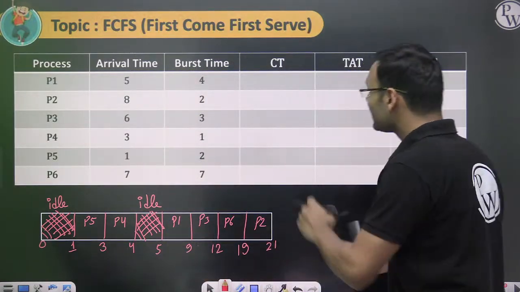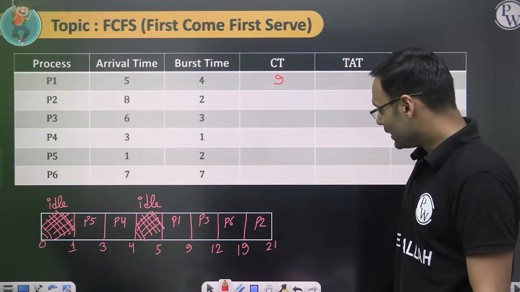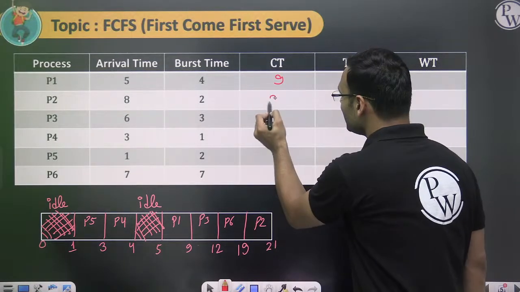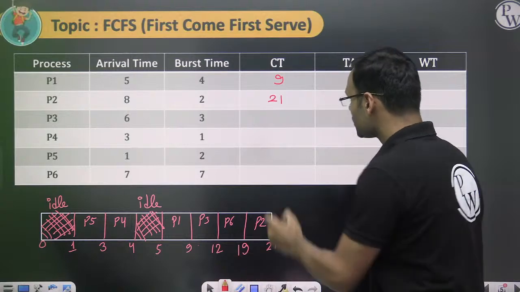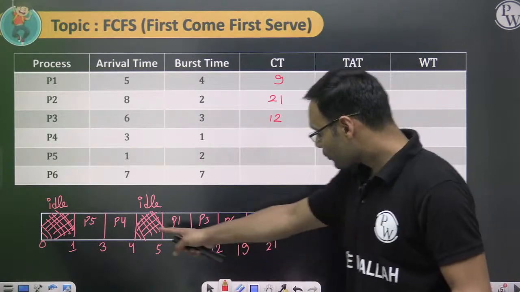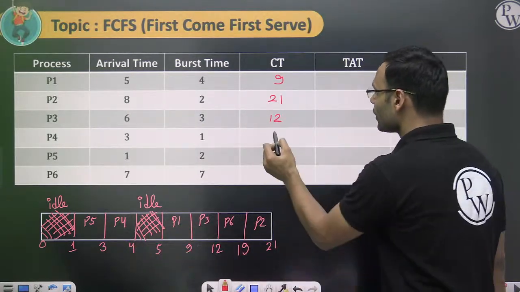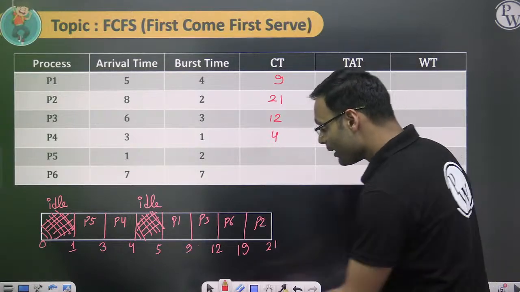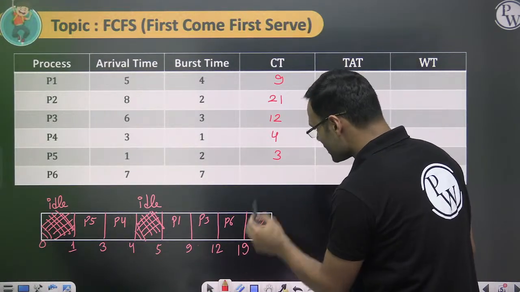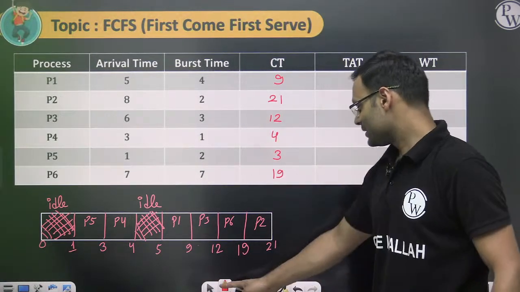P1 completes at 9. Just check out this diagram. P2 completes at 21. P3 at 12. P4 completes at 4. P5 completes at 3 and P6 completes at 19.